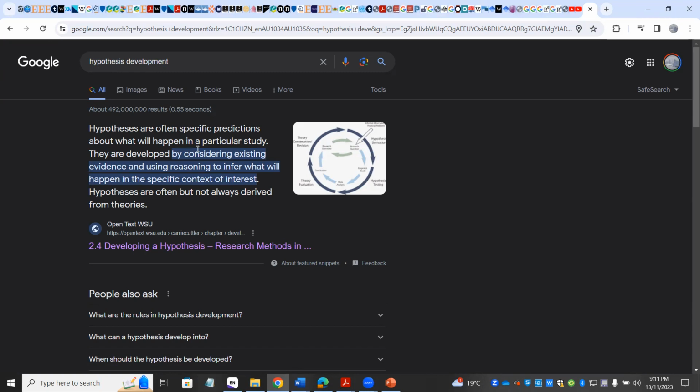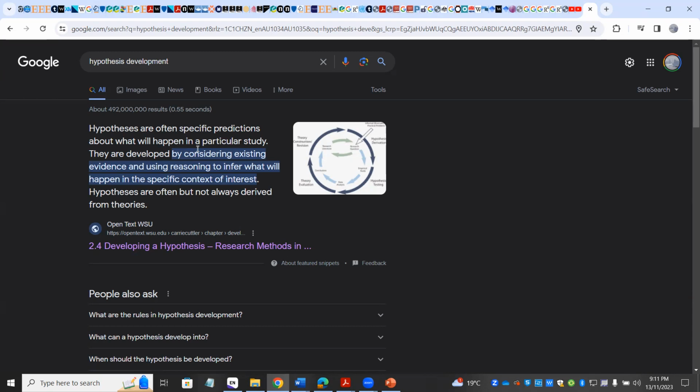What are you expecting from a particular study? Basically, before any researcher will conduct any research, the researcher will expect something to come out of the research. By making those predictions, we can form what we call hypothesis.